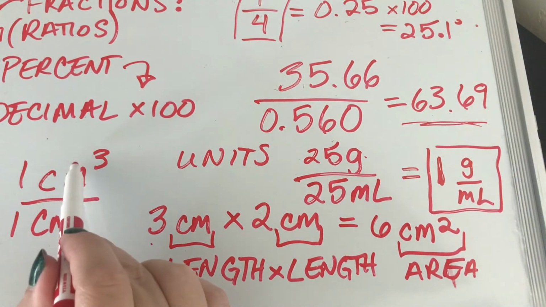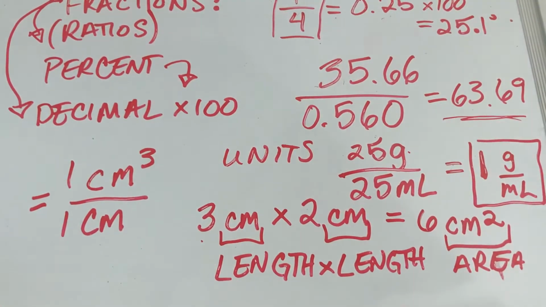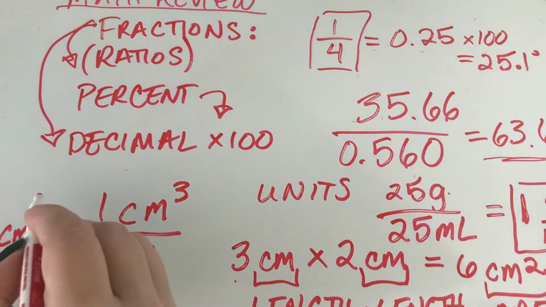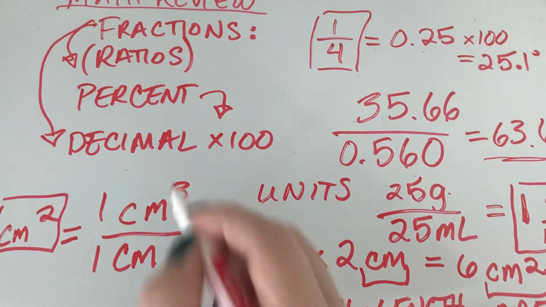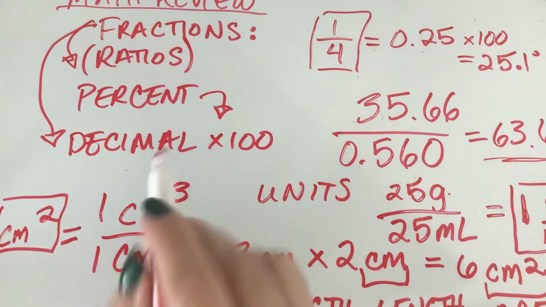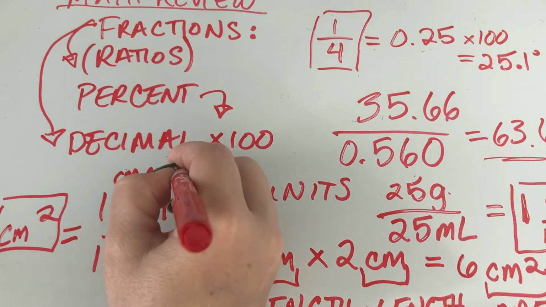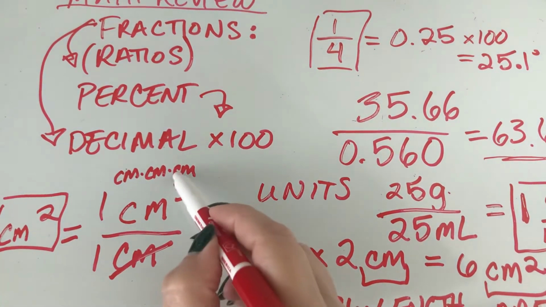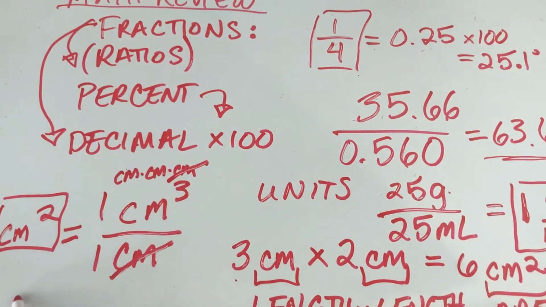So here we have a volume divided by length, and when we do that out, that's going to give us an area. This centimeters cubed is equivalent to centimeters times centimeters times centimeters. They mean the same thing. So what I can do is take one of the centimeters from the bottom and cancel with one of the centimeters on the top. Now I just have centimeters times centimeters, aka centimeters squared.